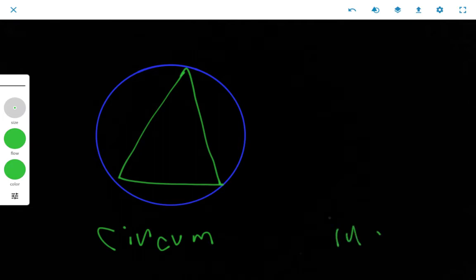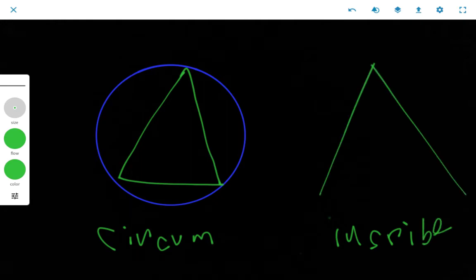Now if I say inscribing a circle, it means the circle is inside that thing. This is the inscribe and circum meaning. Okay, this is the simple difference between them. Circum means the thing is inside the circle, and inscribe means the circle is inside that thing.